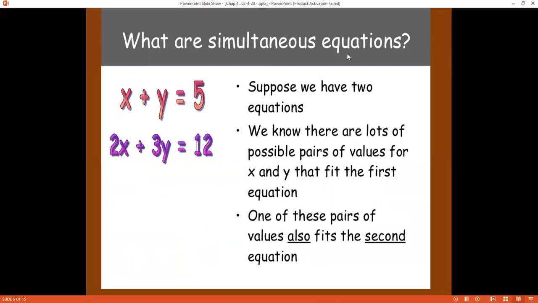Suppose we have these two equations. We know there are lots of possible pairs of values for x and y that fit the first equation, we can put any value for x and y. Same for the second equation, we can find many pairs for it.